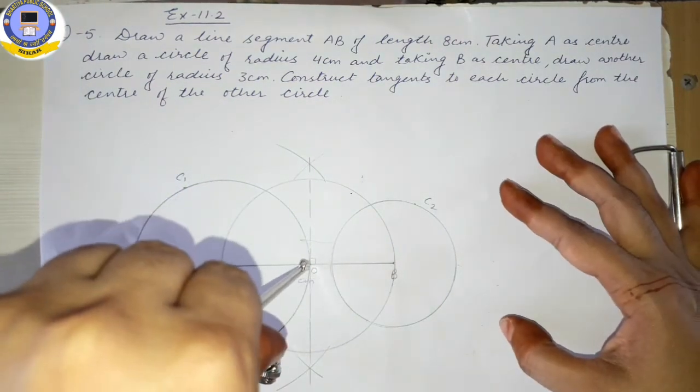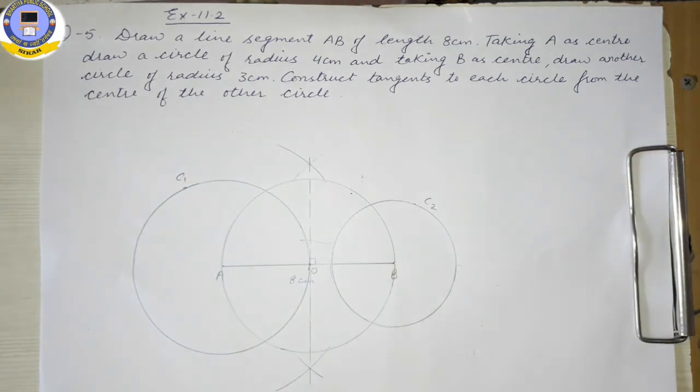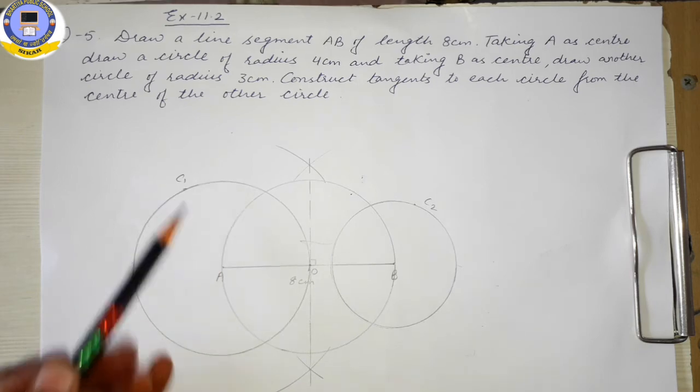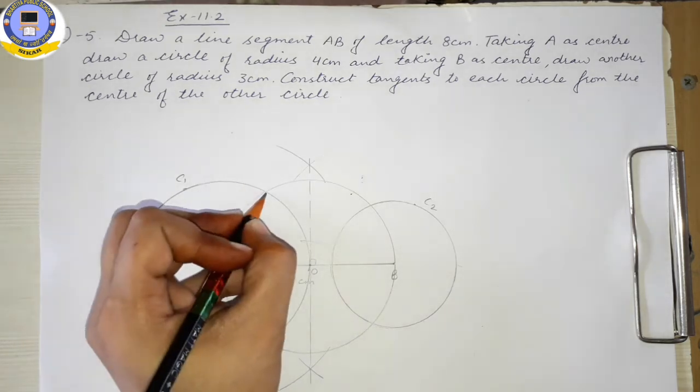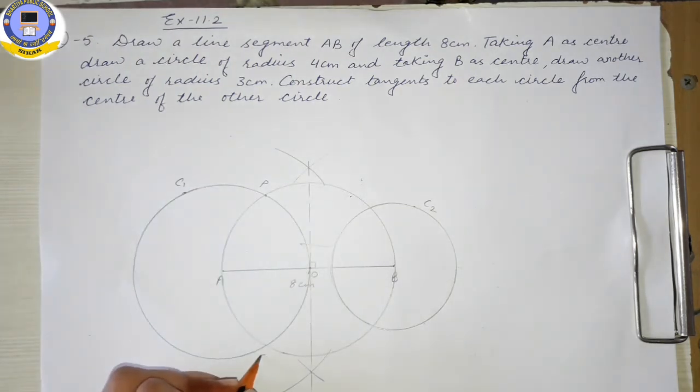Both are same things. Okay. This circle must pass through A and B both. If you have done it correct, then it must pass through A and B both. Now you can see that this new circle has intersected C1 and C2 at 2 points. Label these points as P and Q.